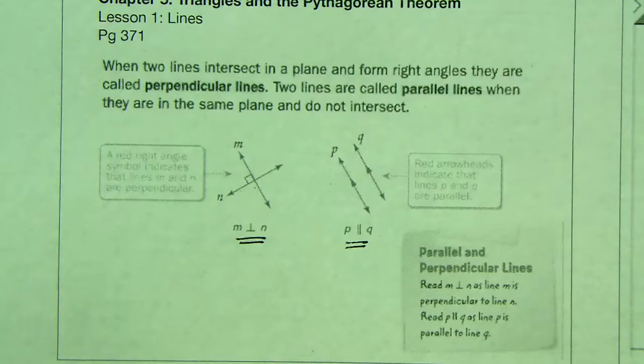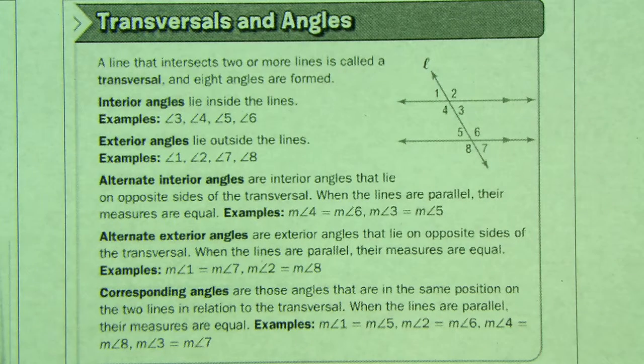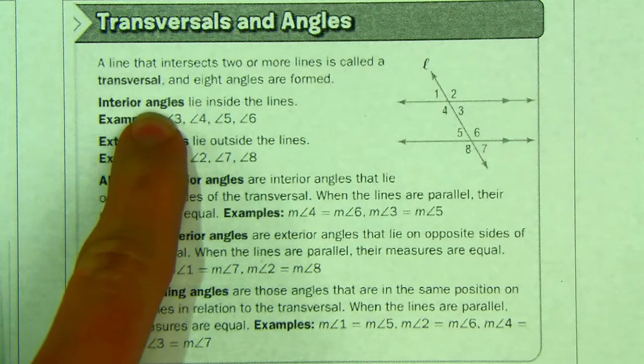So here is a bunch of vocabulary terms, all from this chapter, and all we're going to add either to our foldable or to our foldable and your vocab sheet, okay? So the very first one we are going to add is interior angles.